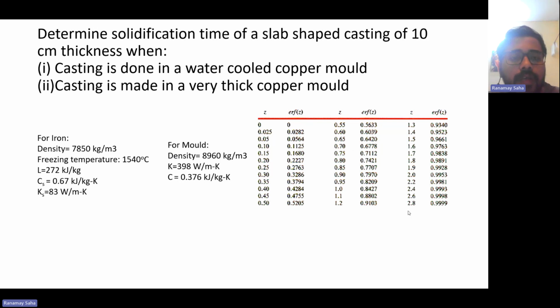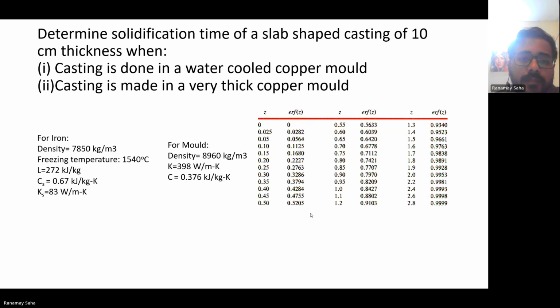You don't have to consider the resistance from the mold. So this is a constant mold surface temperature casting. And then you have the second case, where you have a very thick copper mold, so you have to consider the resistance from the mold as well. So here you have both the mold and molten metal resistance, and here you have only the molten metal resistance.